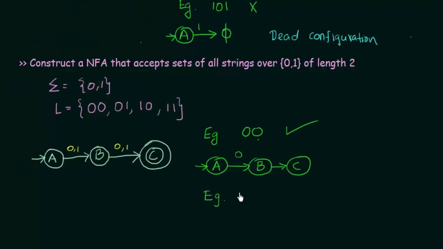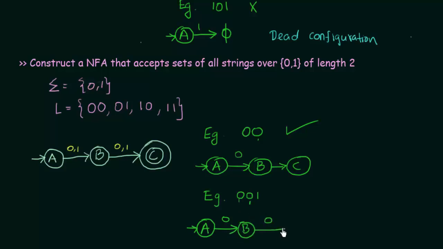In this example, I will take the string 0 0 1. Now, should this be accepted? This should not be accepted. Why? Because the length of this string is 1, 2, 3, and the NFA should only accept strings of length 2. So let's see. I start with my starting state A, and the first input I get is 0. On getting input 0, A goes to B. And what is my next input? My next input is 0.